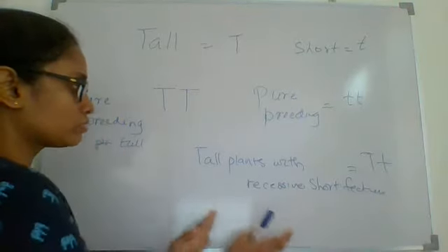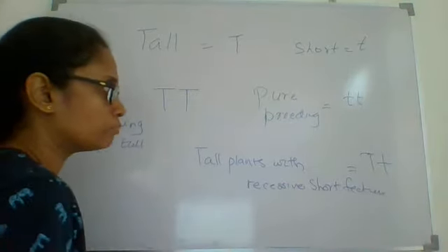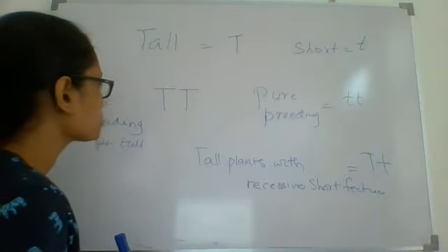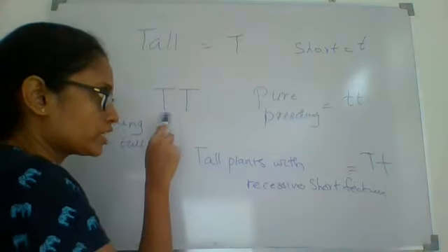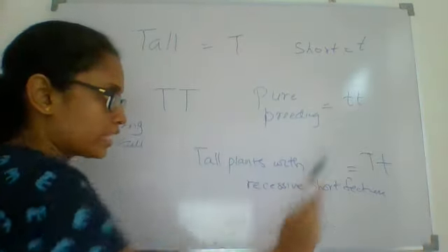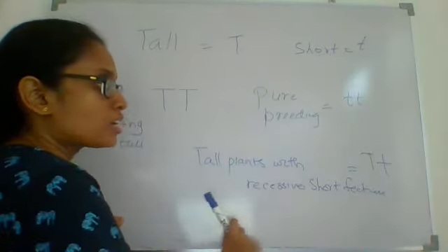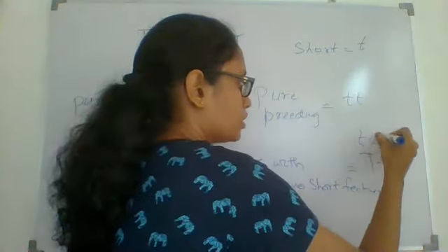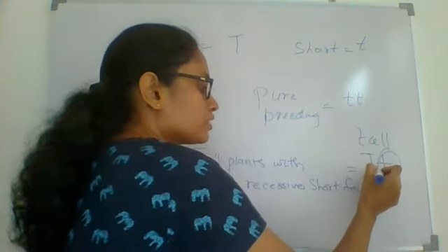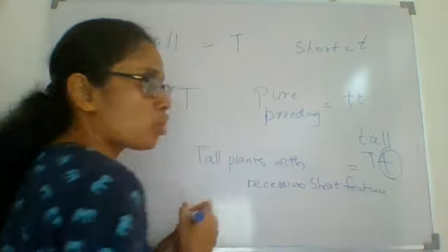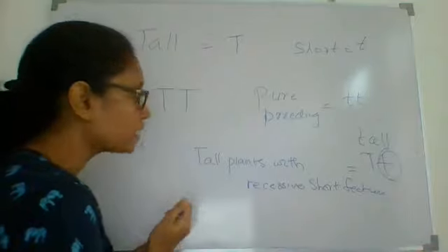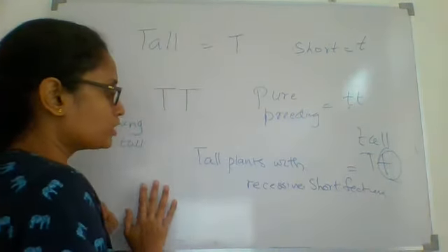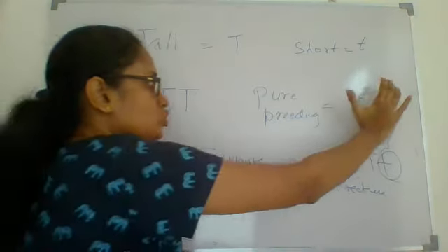So he built up three breeding types. Pure breeding tall is like this, pure breeding short is like this, and tall plants with a recessive short feature. But they are tall. They are tall, but they have a hidden short character determining gene.